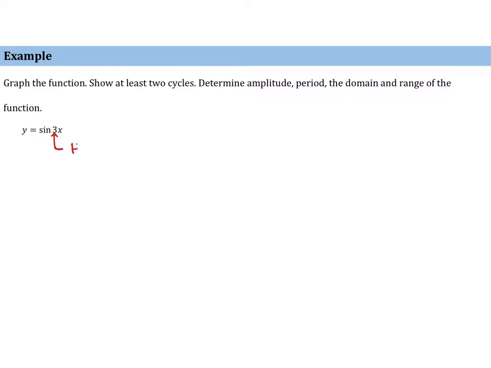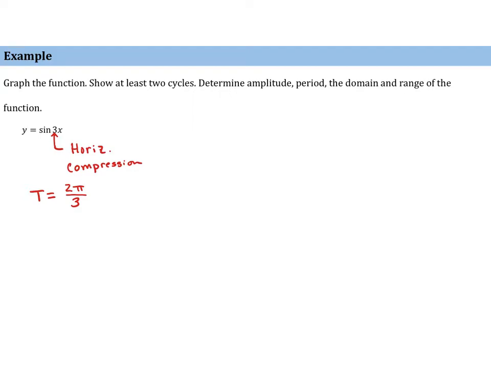So this will correspond to a horizontal compression by a factor of 3. Now, a horizontal compression would mean that we're changing our period. So the period of the original function is 2 pi, and now we are compressing that by a factor of 3, so our new period is 2 pi over 3.